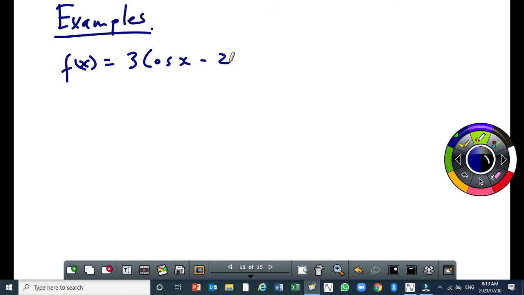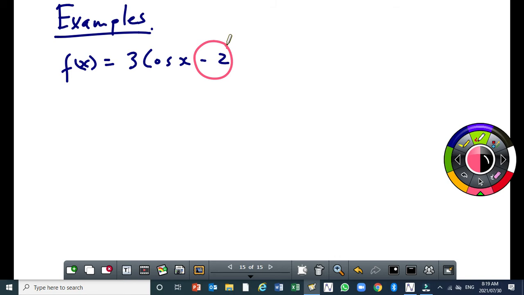Okay? Now, if I were to ask you a question, which graph is being shifted by 2 units, what would be the answer? Remember this -2, it represents the vertical shift by 2 units downwards.